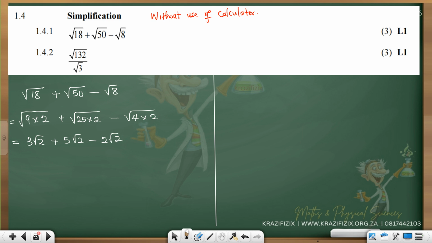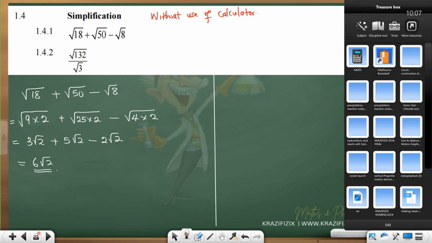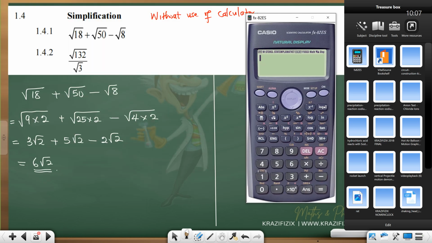And square root of 4 is 2, so 2 root 2. All of them, these are like terms. So 3 plus 5, 8 minus 2, 6 root 2. Let's confirm. So it's just addition now. Root of 18 plus root of 50 minus root of 8. Are we okay?